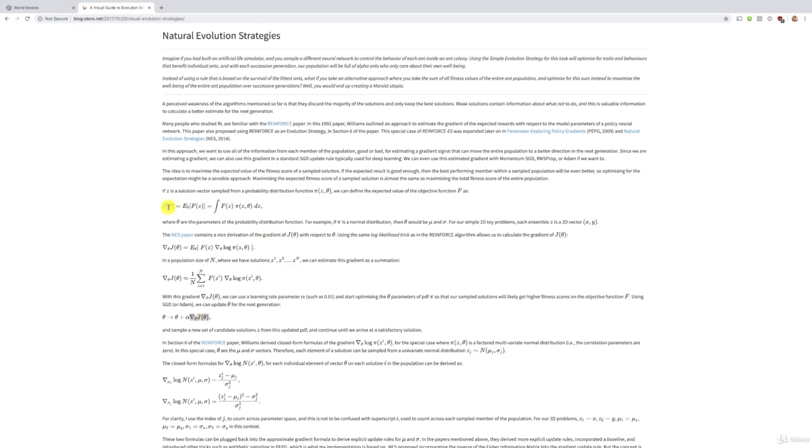It is going to be what we see here, the expected value of the fitness score. What you see here is an integration, so in continuous space, but you can imagine it in a discrete space, in which case it would be a simple sum over the sampled solutions. F is of course our same function of which we're trying to find the maximum. Z is simply the 2D coordinates x and y, the 2D vector x and y.